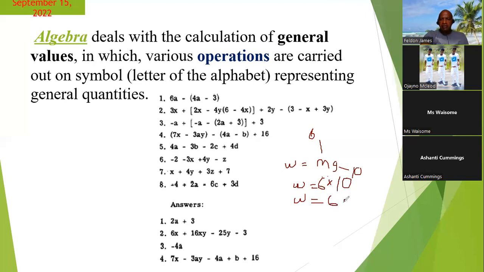Now, if we know the units for w, which is weight, weight is generally in the form of a force. So we would measure it in units of newtons. So that would be 60 newtons, because weight is a force, and so the unit of force is newtons. So we would have 60 newtons.